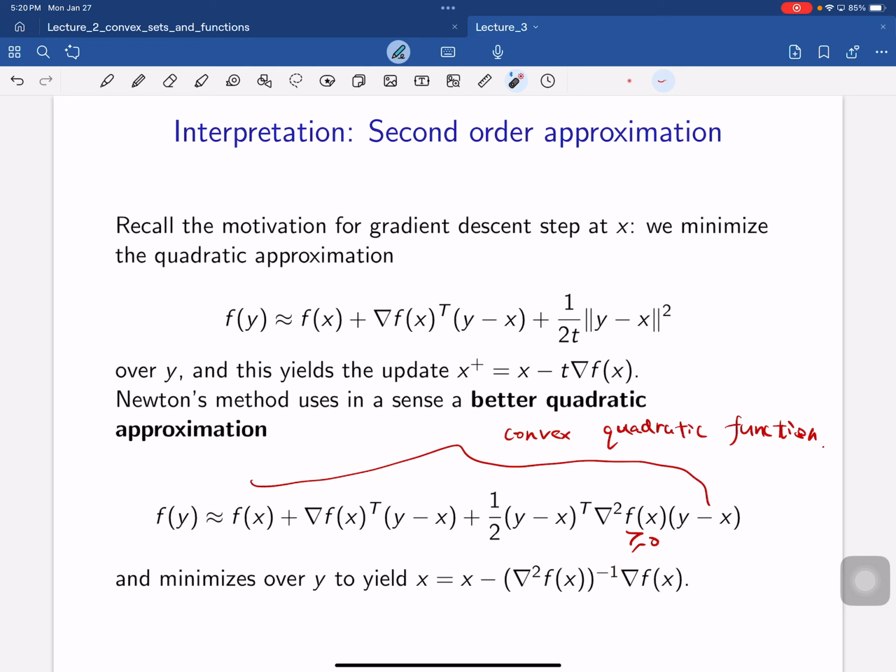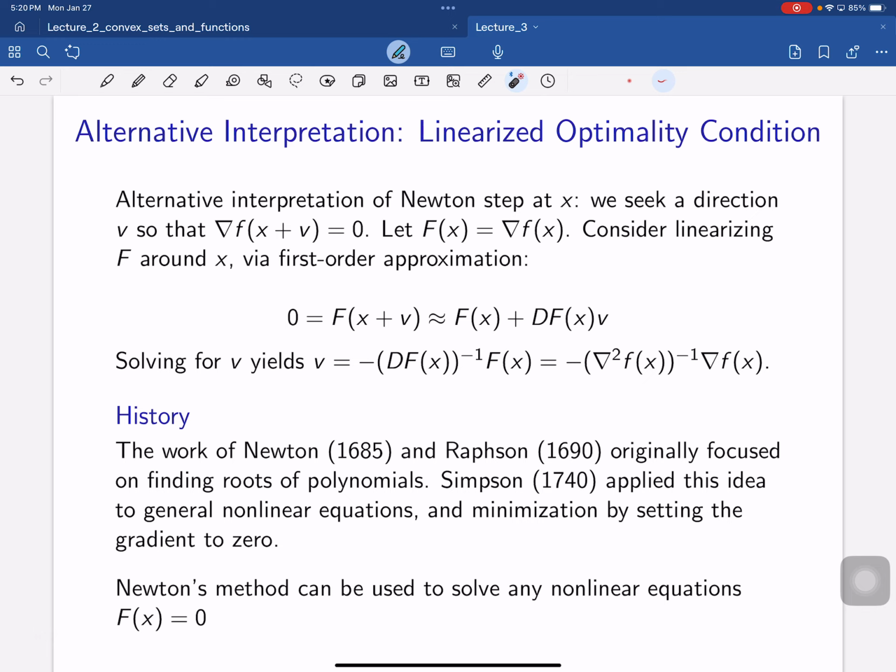Now there is another way to interpret Newton's method, using the idea of solving nonlinear equations. Recall that the optimality condition for a convex optimization problem says we need to find a point such that the gradient equals 0.